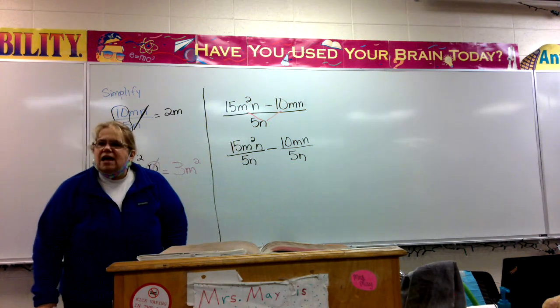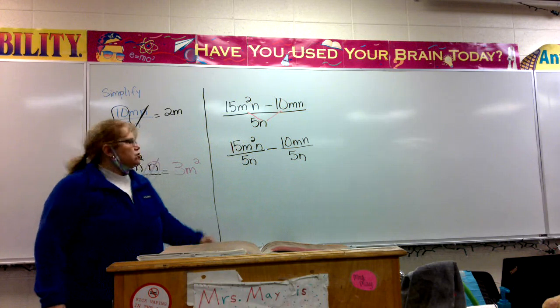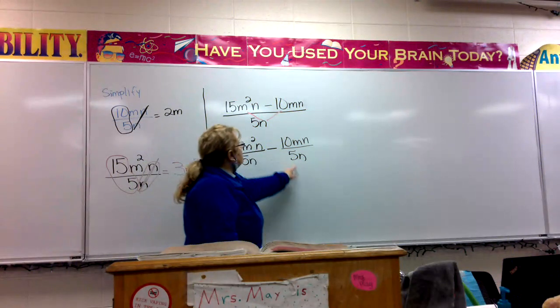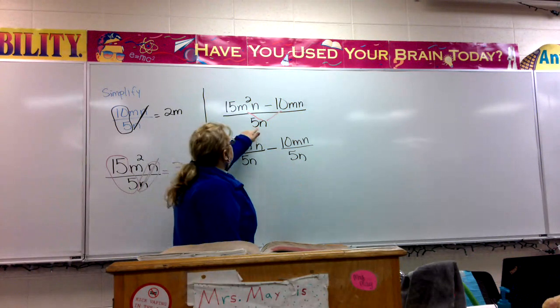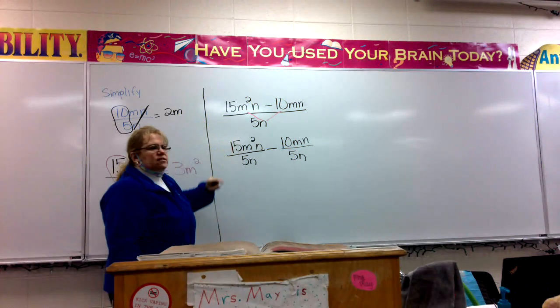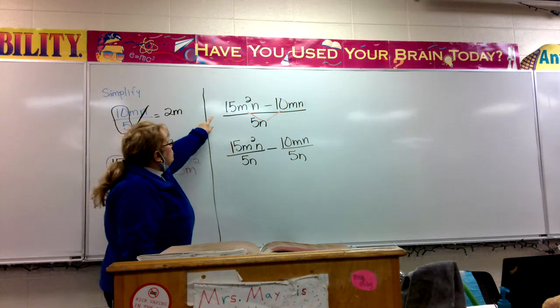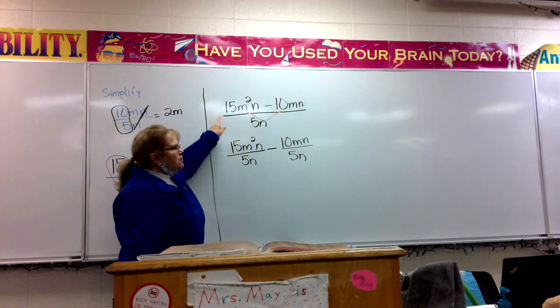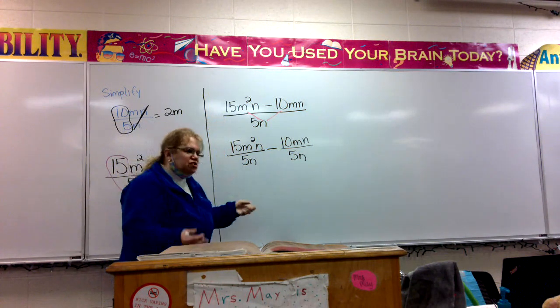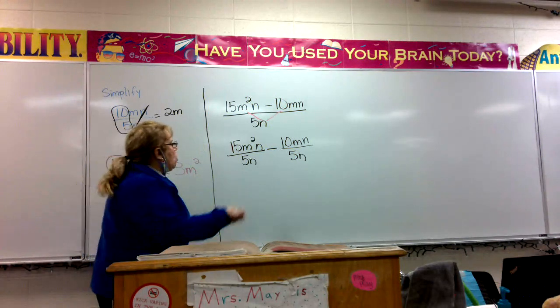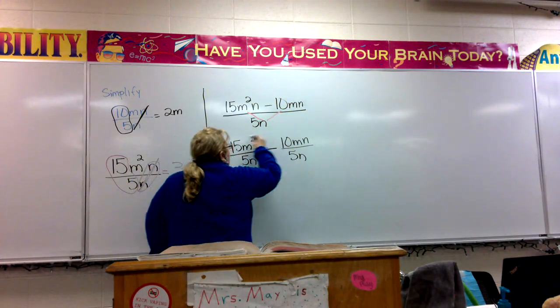So the first step that all of you are going to do is to write each piece separately. This bottom, it goes with everything. So I want you to write it like this first. I don't care if you copy the problem on your paper, but I want you to write this step.